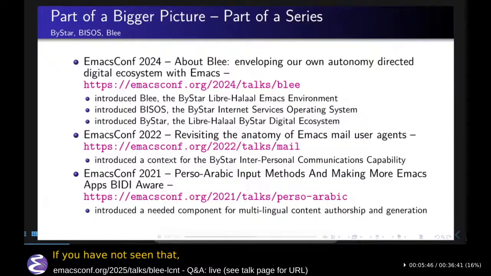If you have not seen that, it would make good sense to review it. In my previous talks, I have been criticized of having a prophetic style. The scope of my story is lofty and immense. In many ways, it's unbelievable. And EmacsConf talks are meant to be short. So, as a result, sometimes I end up being cryptic.